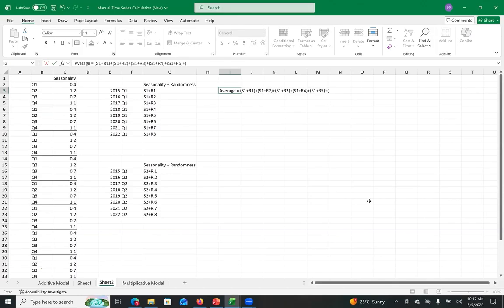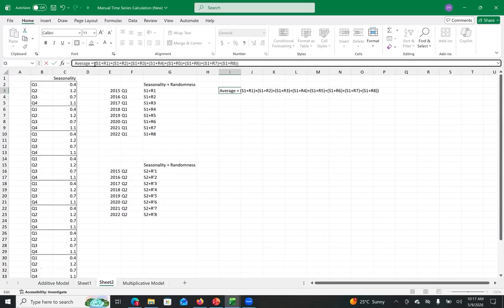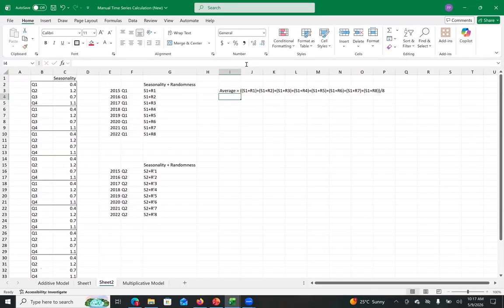I will take an average of it, divided by the total number of values, that is 8. Is it fine? This is how we will take the average. Now, can I write the same thing as this? And let me know if I'm doing it right or not. Can I write it in this format as well?